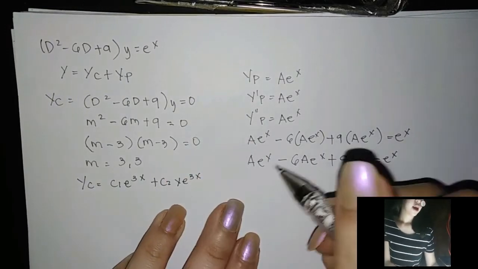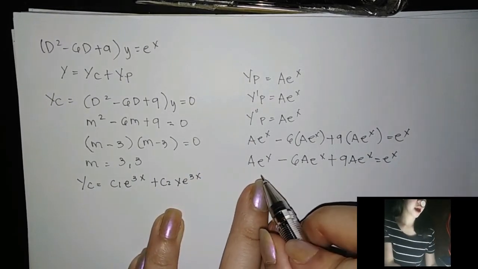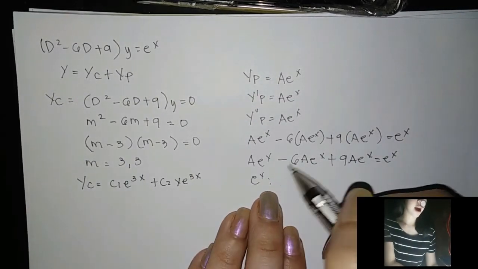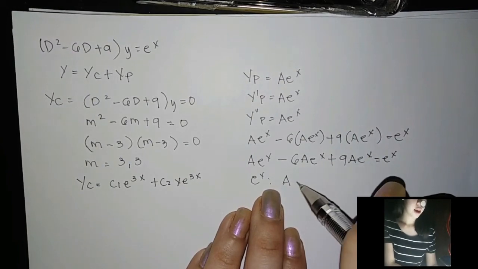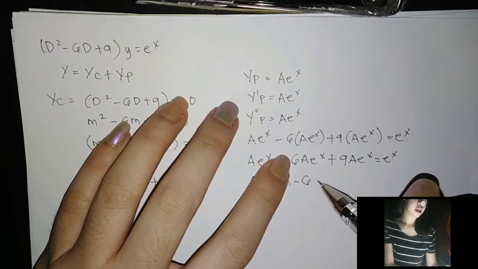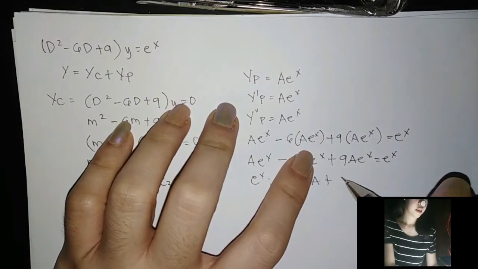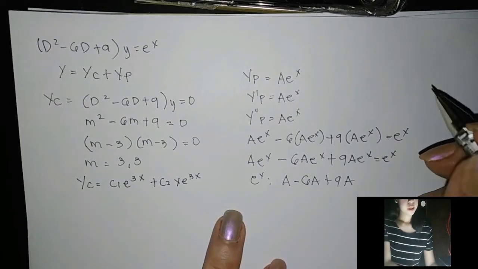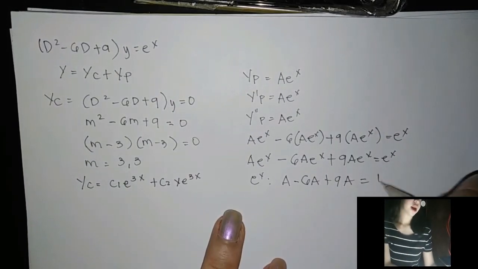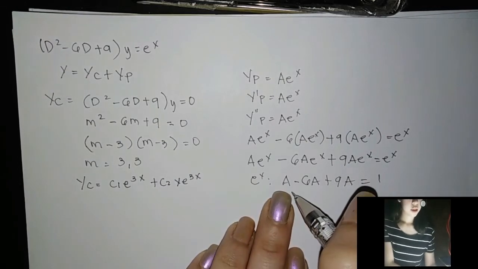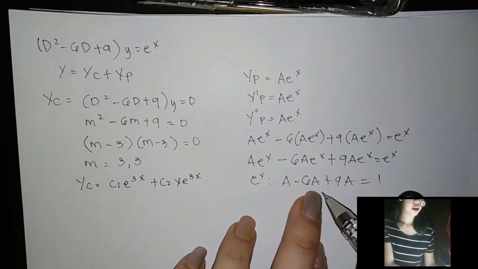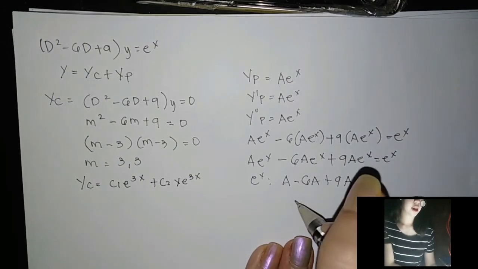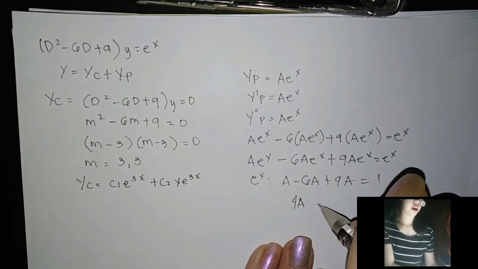So, okay na. Equating the coefficients, lahat ng may e raised to x, ililist natin para makuha natin yung value ng a. So, a minus 6a plus 9a. So, ito 1 na lang yan. So, a minus 6a is equal to negative 5 plus 9a is equal to positive 4a.